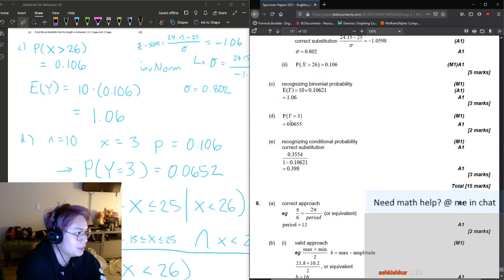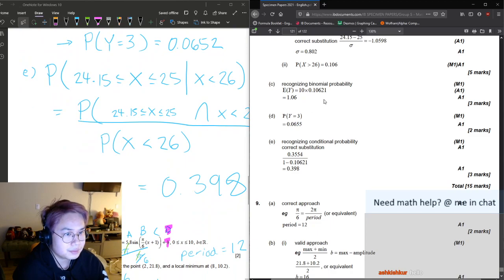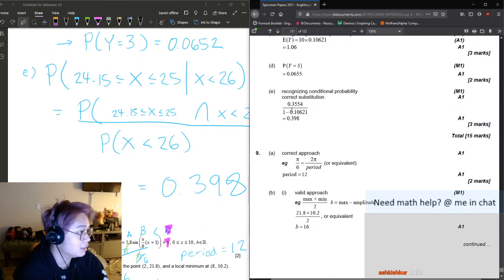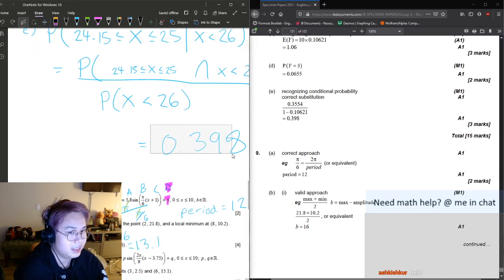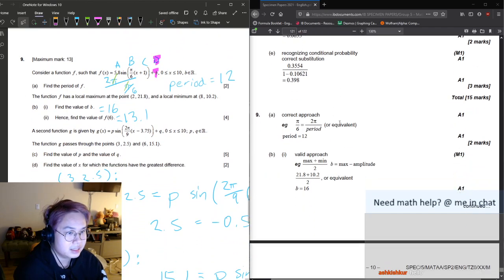Probability of y being 0.0655. I have 0.0652, so there's a little bit of rounding error somewhere. Whatever, that's good. Recognizing conditional probability and plugging it in to get 0.398, which I have right here. Nice. And then this was the last one.